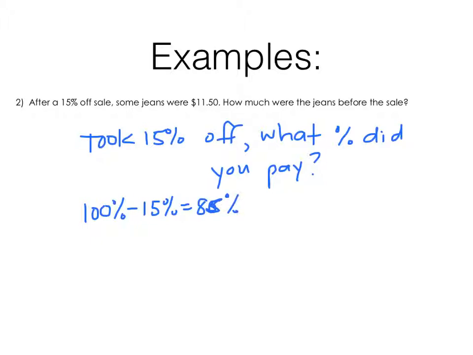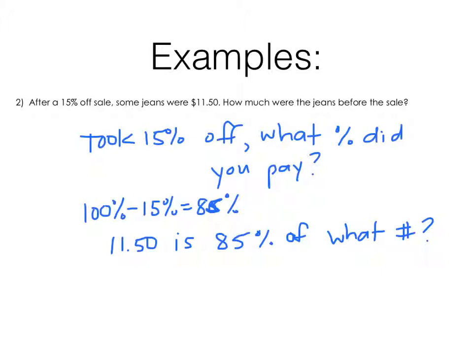So we are answering the question, $11.50 is 85% of what number? $11.50 is the 85% because you only paid for 85% of the jeans because 15% was taken off.